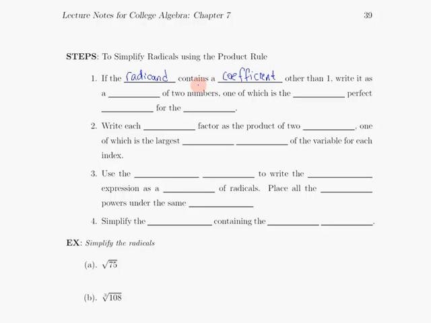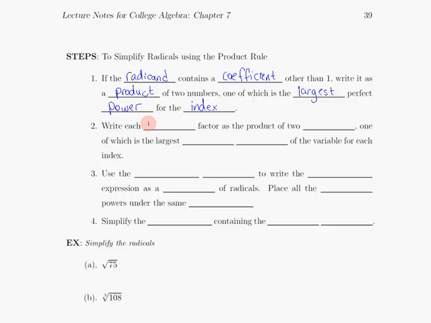But if it contains a coefficient larger than 1, we're going to write it as the product of two numbers, just like we split the 20 up on the previous page, one of which is the largest perfect power for that particular index, meaning perfect square, perfect cube, whatever index you have on the radical. So you pull out the largest possible perfect power of that number, and write it times whatever's left over.